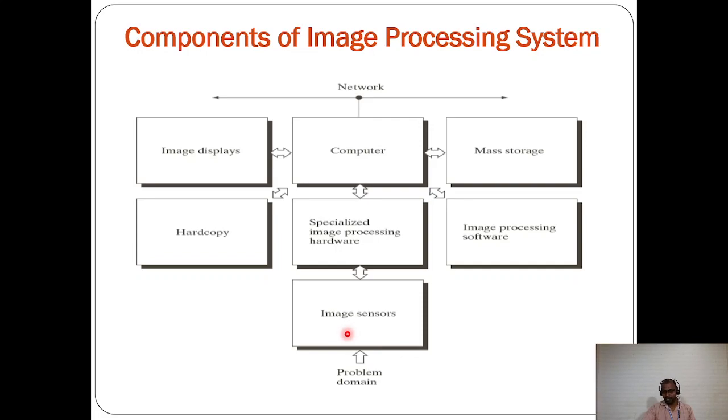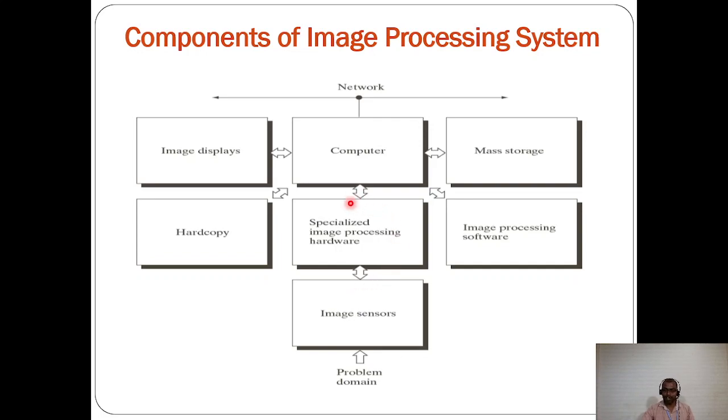The image is in a continuous form, so we convert it into digital form, and for that purpose we use the digitizer. The digitizer converts your image into digital format.